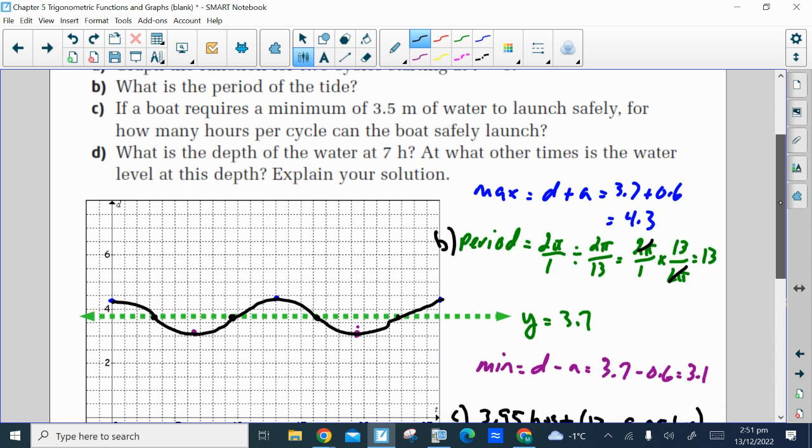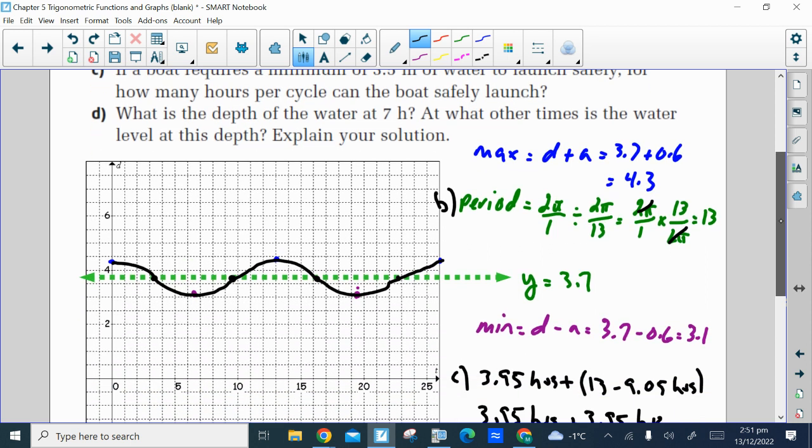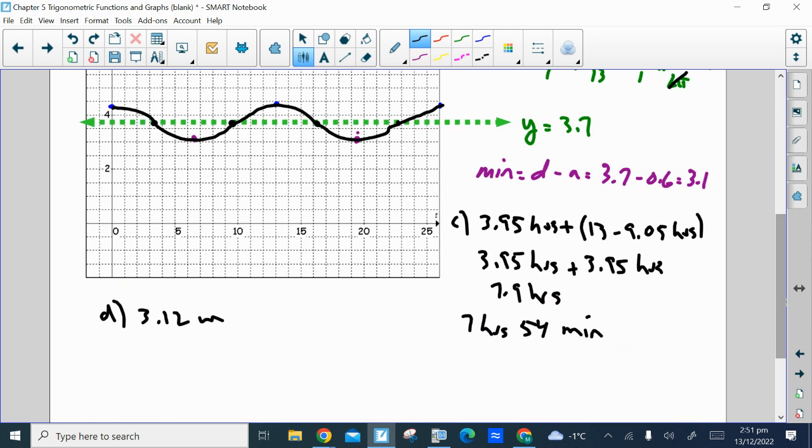Yeah. At what other times is the level at this depth? Well, it will be there every 13 hours, because that is the period. The period is 13 hours, so every 13 hours it'll be in the same spot.